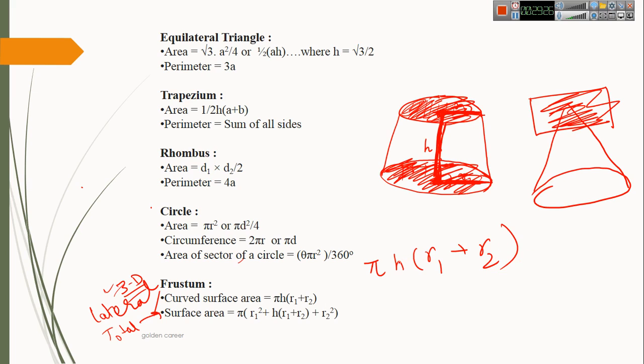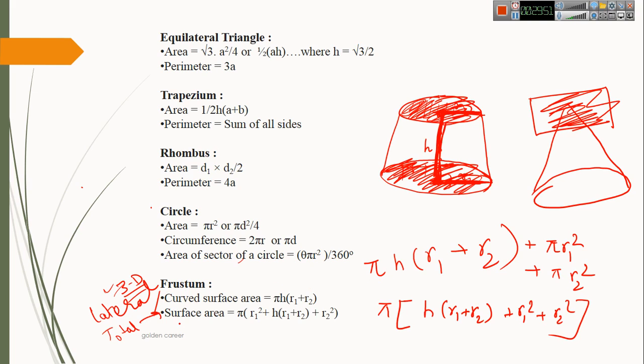It becomes pi h into r1 plus r2, which is the curved surface area, plus pi r1 square plus pi r2 square. Here we have pi in common, so pi times h into r1 plus r2, plus r1 square plus r2 square. This will be the formula for the total surface area of the frustum.